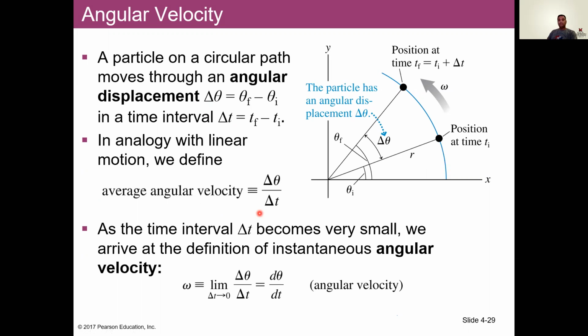Once you know the average quantity, you can follow the footsteps of the instantaneous velocity definition that you already learned during your past lessons, right? And now you also have an instantaneous angular velocity, okay? This is d theta dt, and again, you found that by making this time interval extremely small, infinitesimally small.